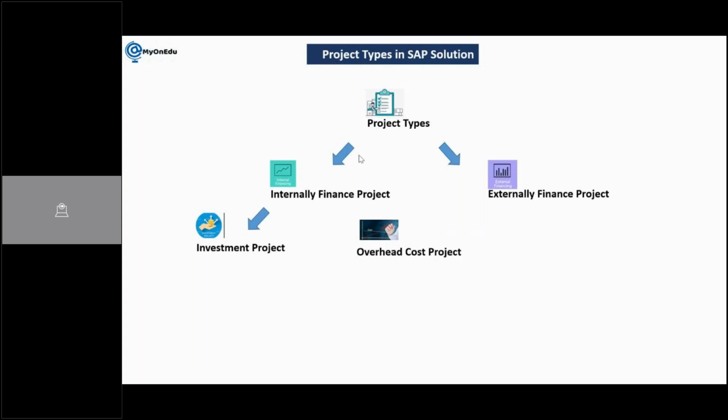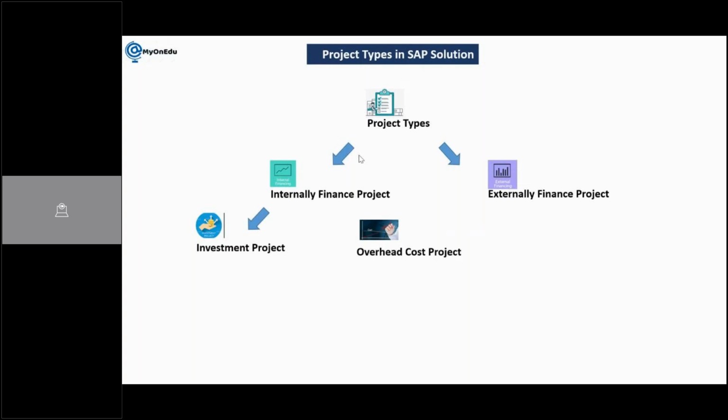Another is the overhead cost project, where whatever amount we put in, we are not sure of a return. This is operational: the amount is not adding any value to the capital and may go to additional cost. For example, take an R&D kind of project where you are not sure whether you will get any output.